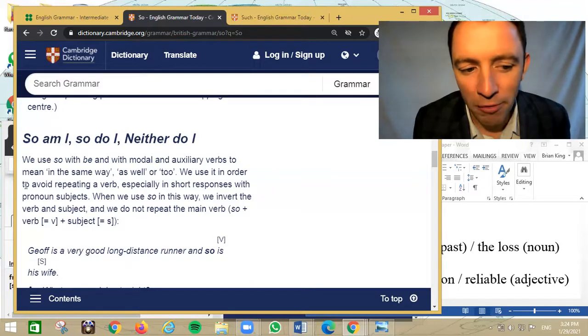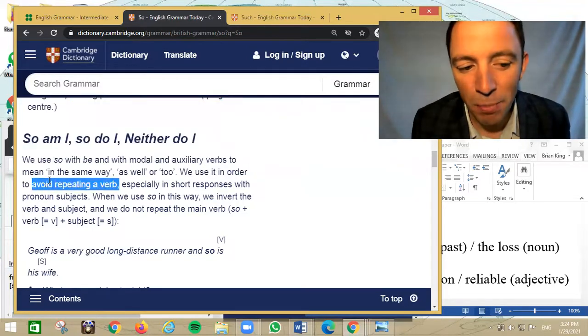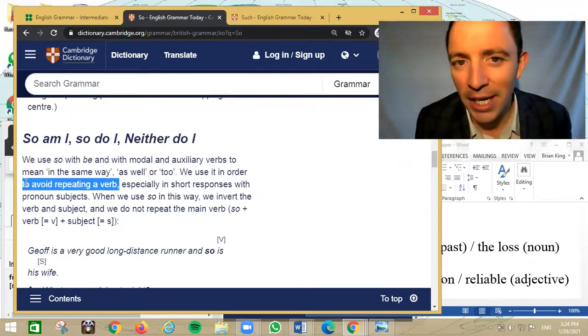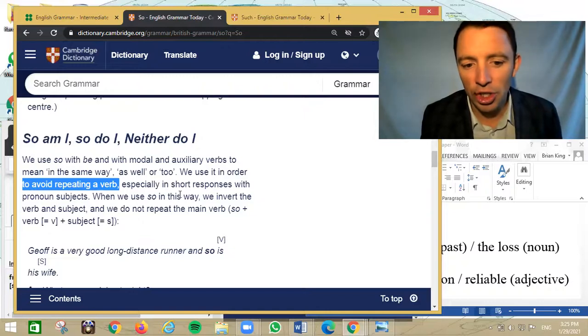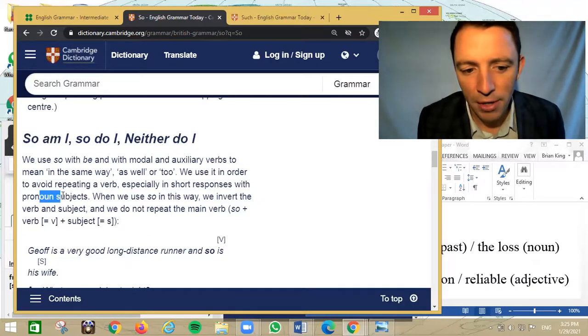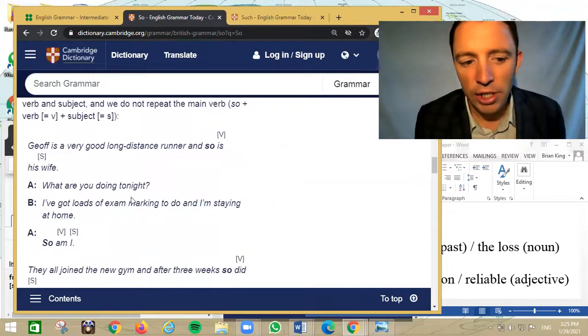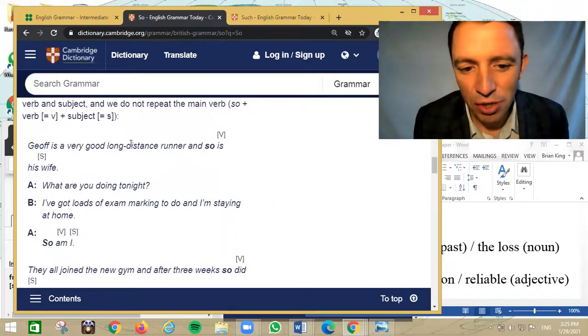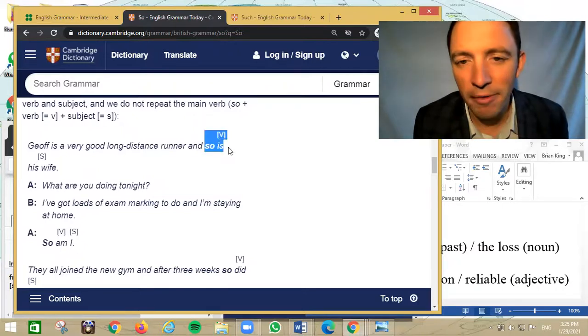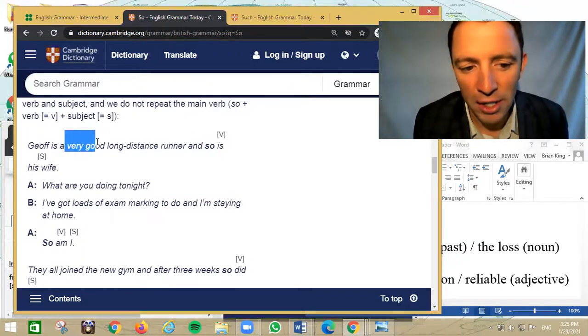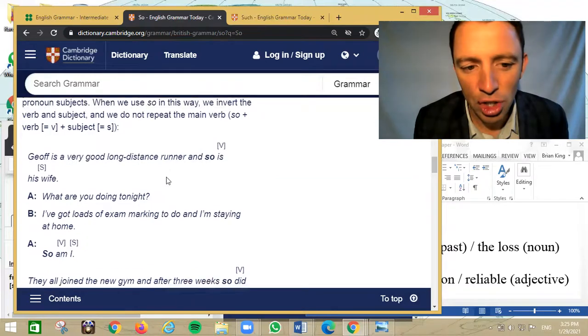We use it in order to avoid repeating a verb. So when it's more fluent and you're more comfortable with English, this is very proficient. You can avoid repeating the same verb, especially in short responses with the pronoun. Okay, and here is the structure: Jeff is a very good long distance runner, and so is his wife.